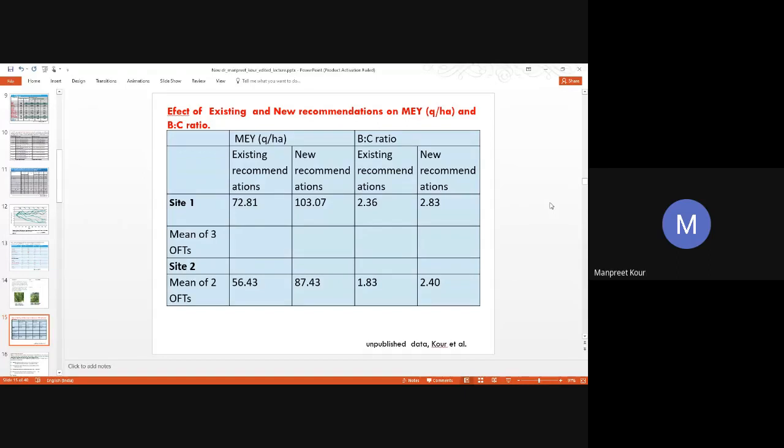Now our package of practices contains these new recommendations: INM with farmyard manure plus inorganic sources at 75% plus 25%, and the cropping system of 1 row of maize followed by 1 row of rajmash. Next slide, please.